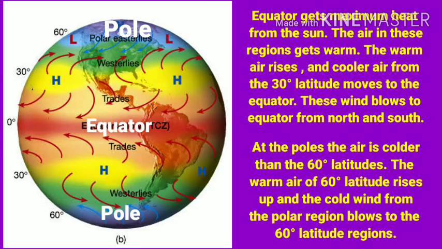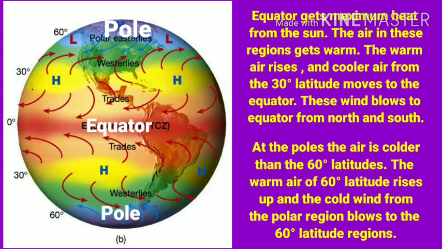First of all, we want to discuss the formation of wind due to the uneven heating between the equator and the poles. You know that the equator gets maximum heat from the sun, right?